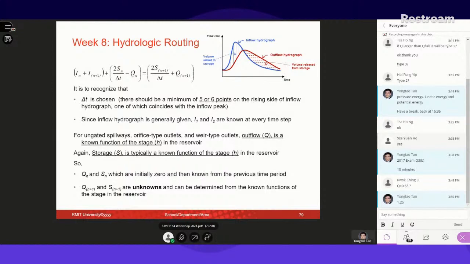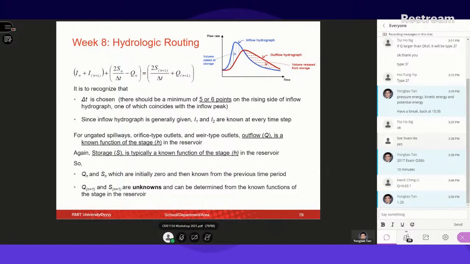So we find that the outflow is a function of the stage, meaning the function of H, the depth of water in the basin. So this is another equation. Now we have 2 equations and 2 unknown variables.